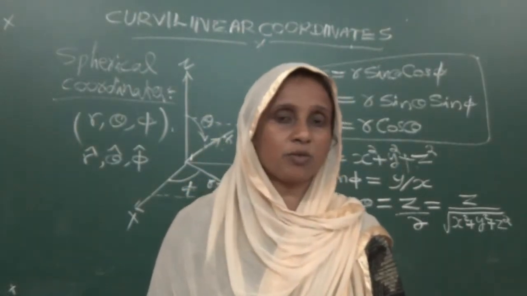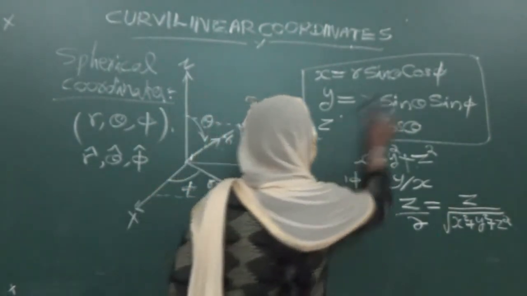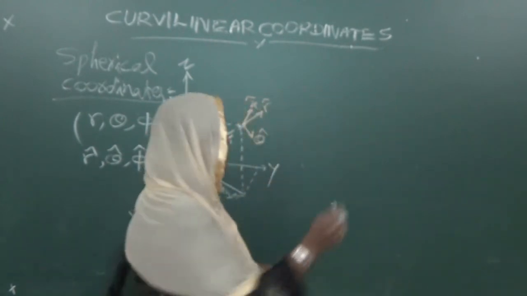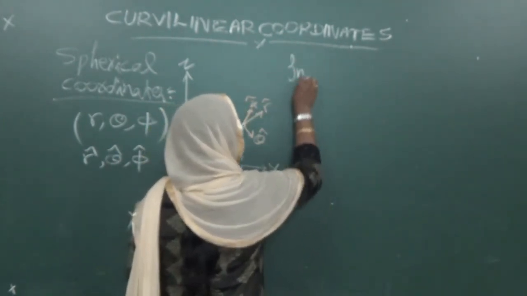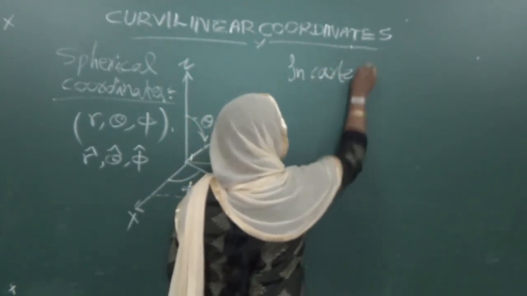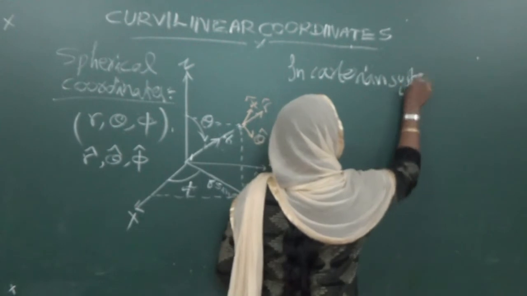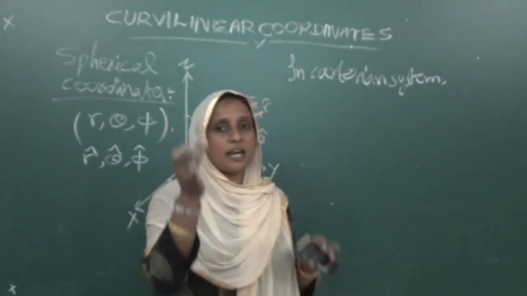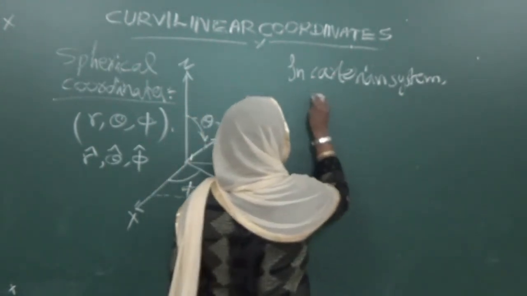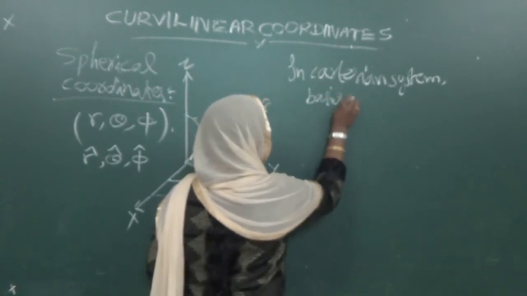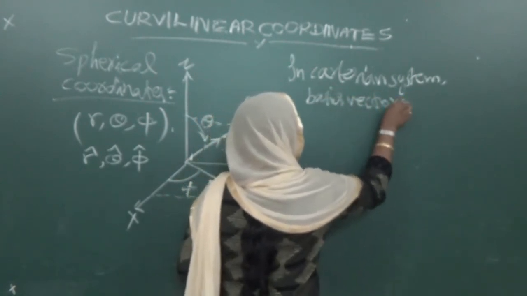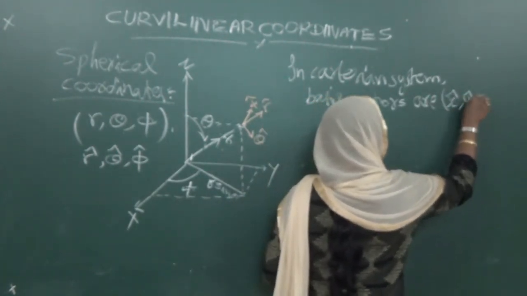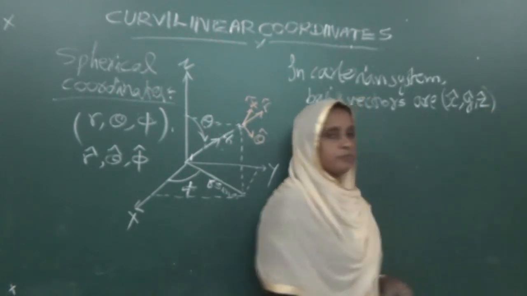We can discuss about its basis vectors, right? So, in Cartesian system, the basis vectors are x cap, y cap and z cap. Okay?